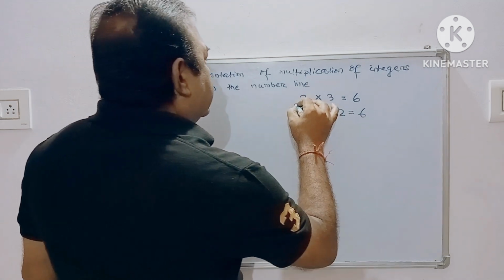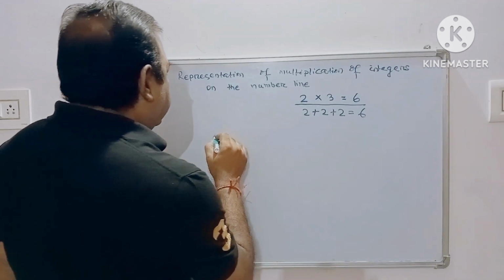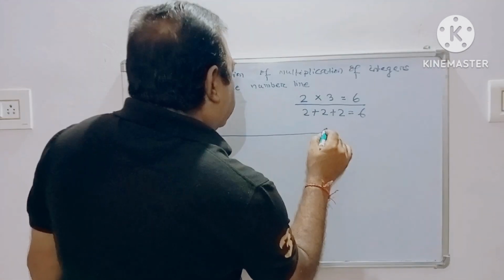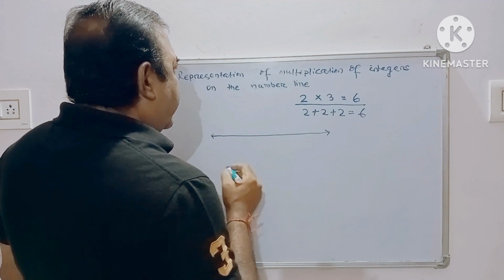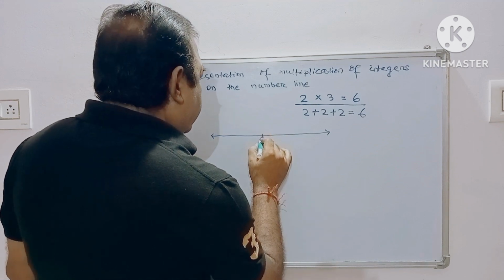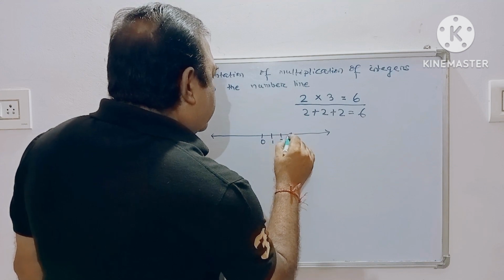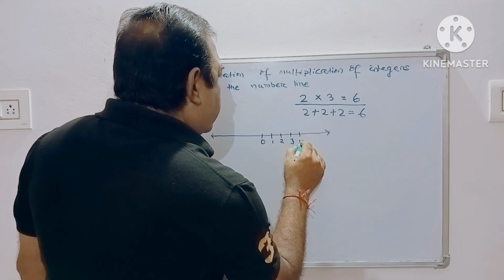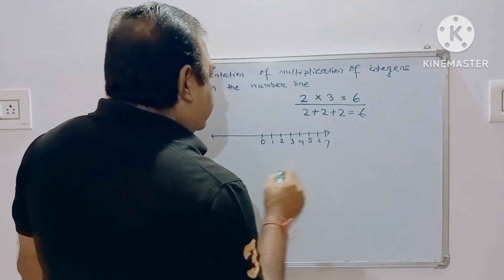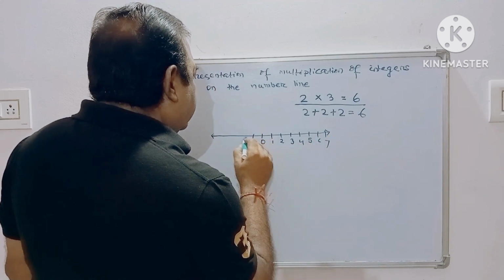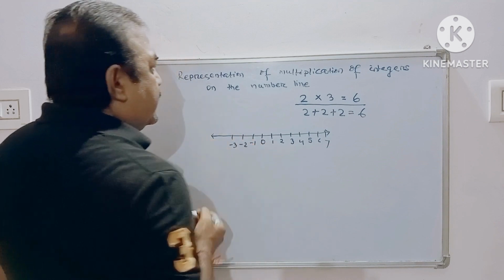So this on the number line. Using the ruler, you just represent a number line. Like this, and so on.